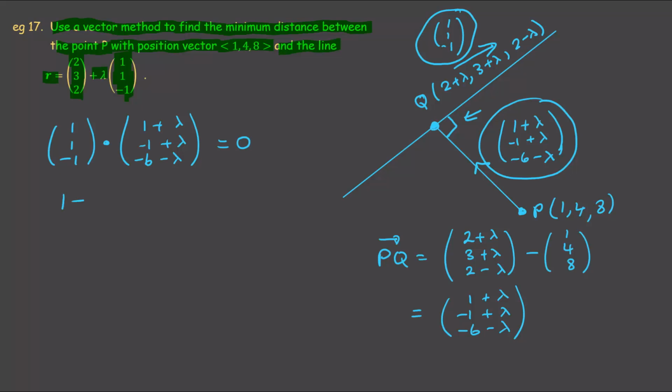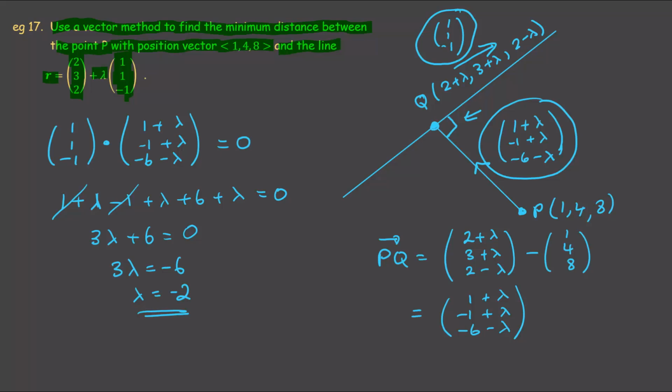So that gives me 1 plus lambda, take away 1 plus lambda, plus 6 plus lambda is equal to 0. So the 1 and the negative 1 cancel, and I have 3 lambda plus 6 is equal to 0. So 3 lambda equals negative 6, lambda equals negative 2.